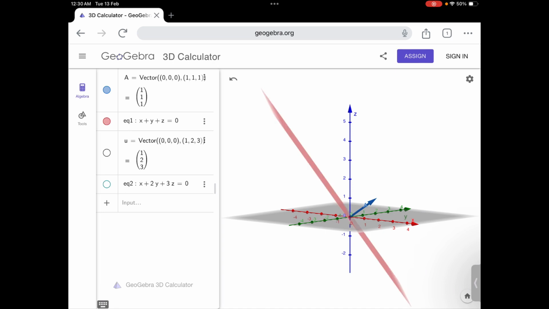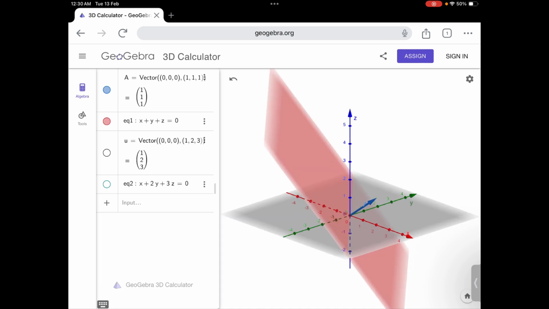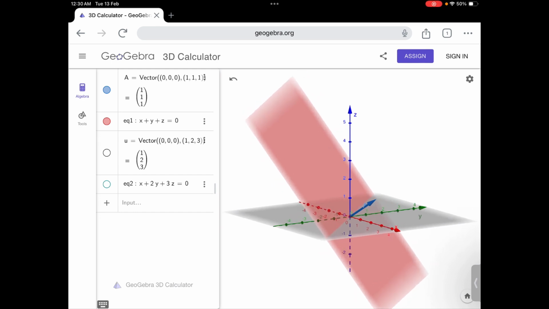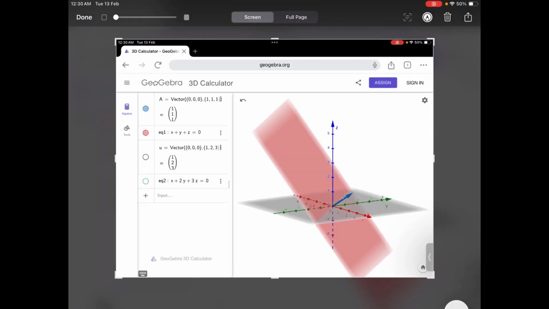This is the equation of the x plus y plus z plane, and you see that this red one is the plane x plus y plus z. Take a screenshot.